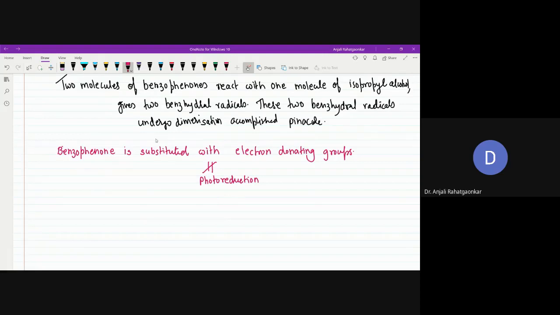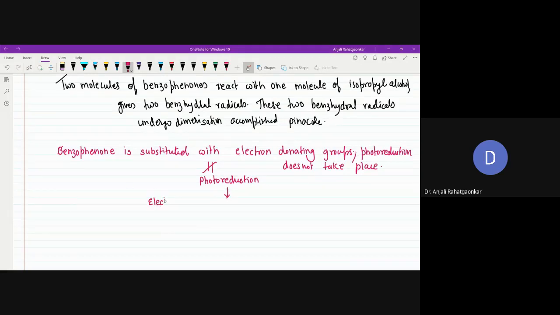Okay, so photoreduction does not take place. What is the meaning of that?